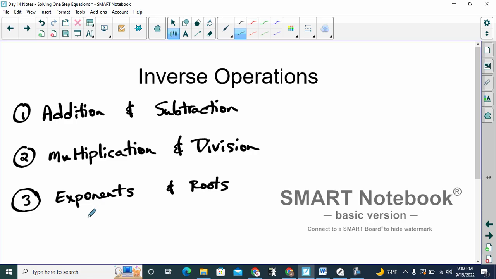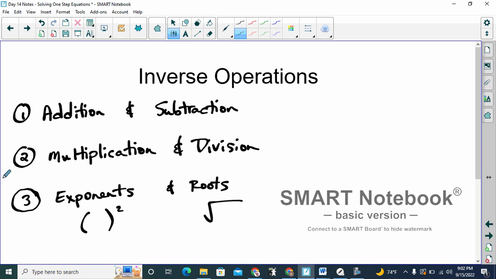So an example there would be like if I square something and if I square root something, those are inverses of each other. Or if I cube something and cube root something, or raise something to the fourth power and take the fourth root of something.